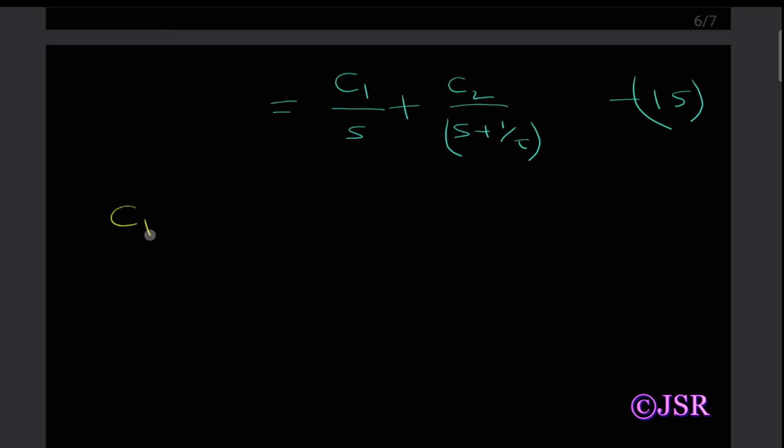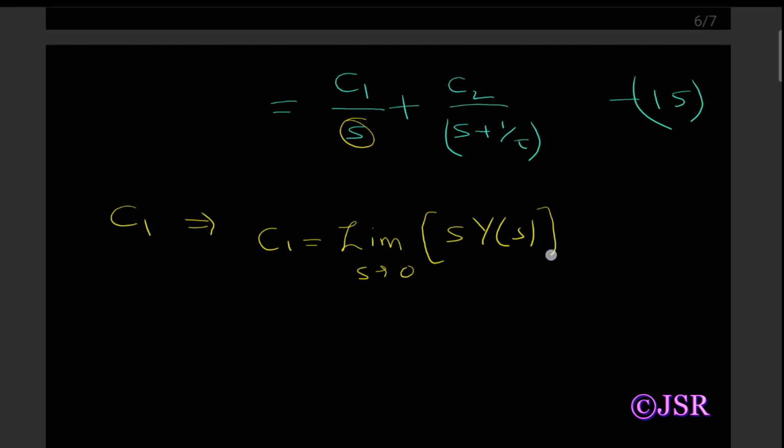So to find c1, c1 will be limit s tends to 0 of the denominator of c1, which is s, times y of s.